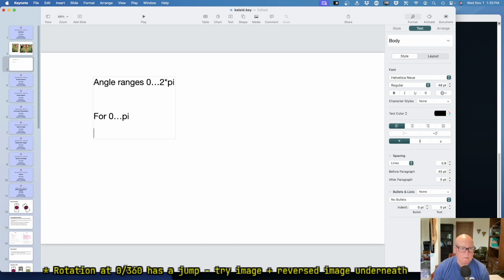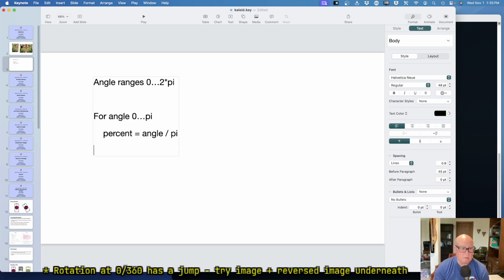For angle 0 to pi, we want to take angle divided by pi, right? That would give us a percent across the screen. Percent equals angle divided by pi.